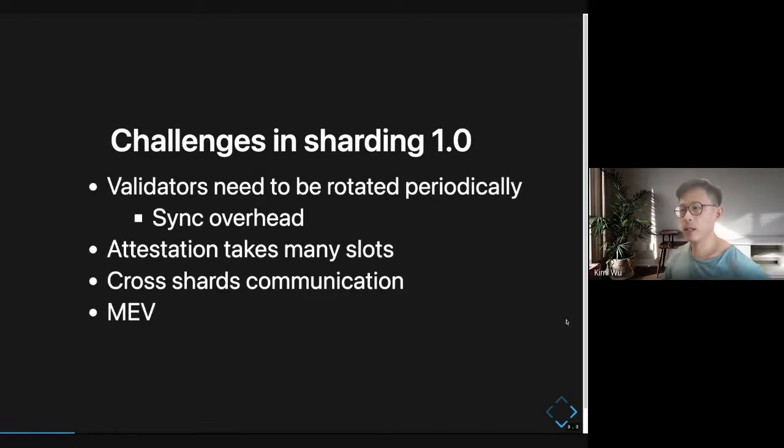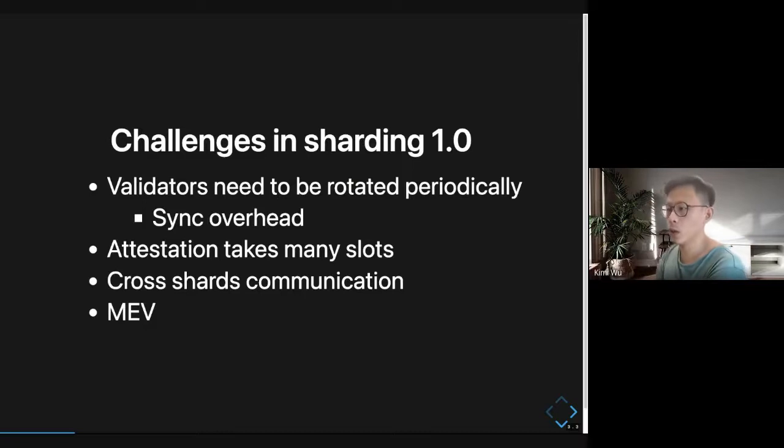And the second and third are similar. It's about cross-shard communication, because we have many different shards. If you have a transaction in shard A and you need to access some state from shard B, you need to wait several slots to get the state, because you need to wait for the state to be finalized.